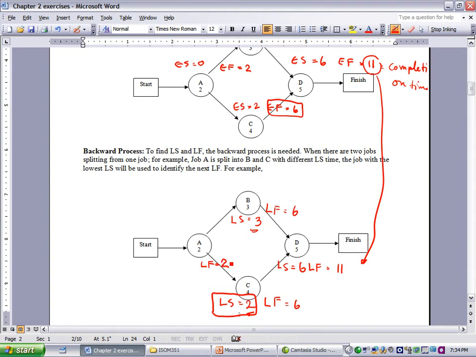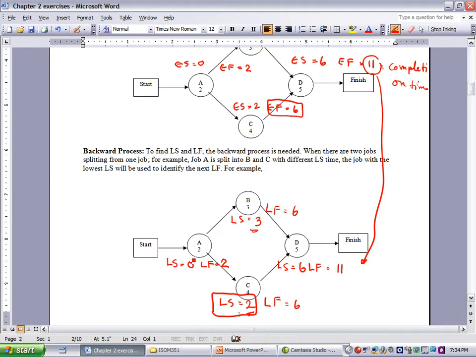In this case, you pick the activity with LS 2, or C, to become LF for A. Then you get LS 0. You must reach at least one activity that has 0 LS. If you do not have at least one activity that has 0 LS, you did it wrong.